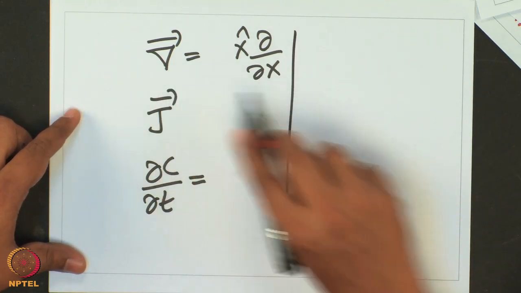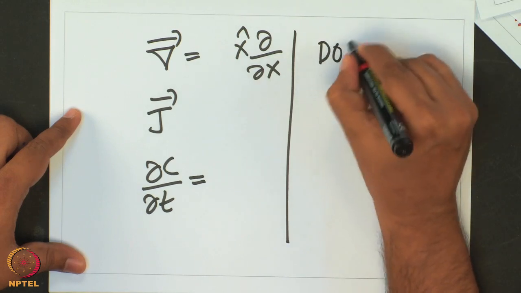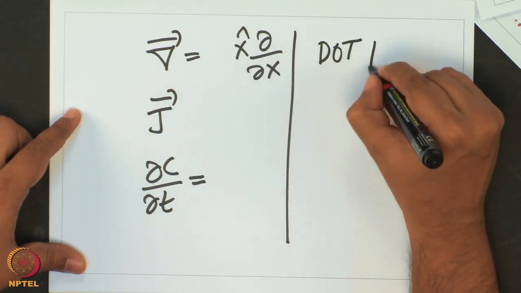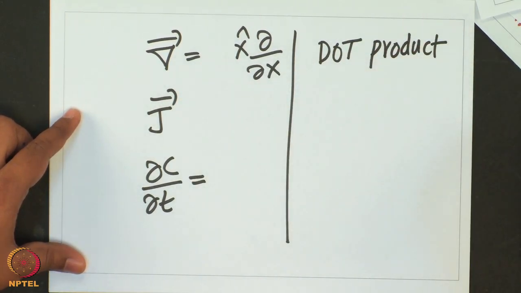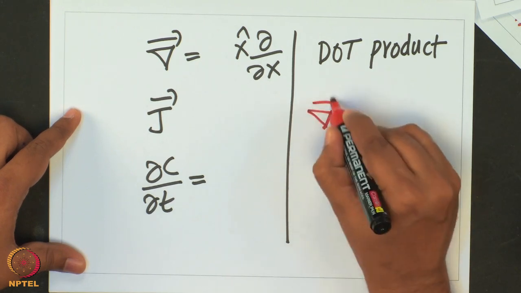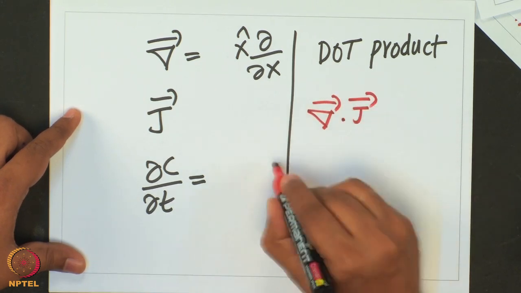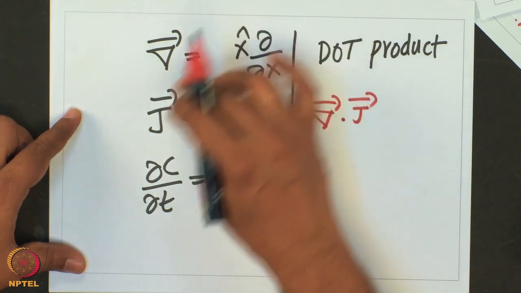So making a scalar is called a dot product. There is something called a dot product in mathematics, which is basically del dot J. This means that this dot this.